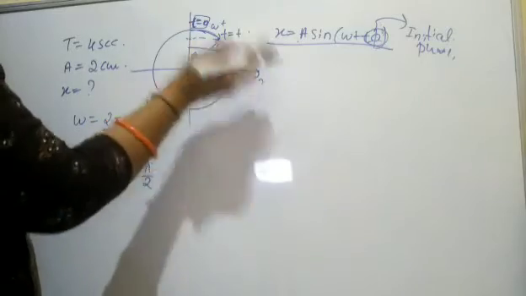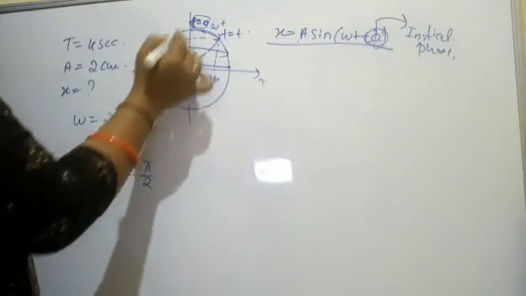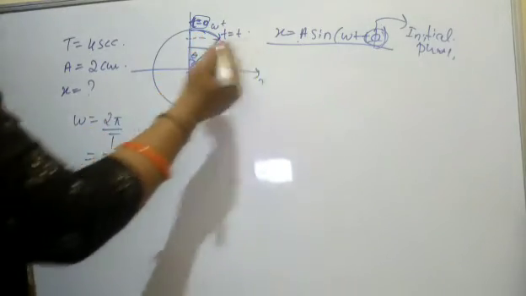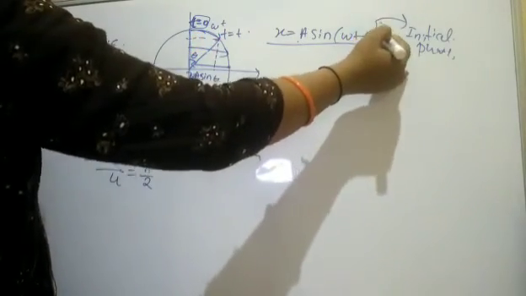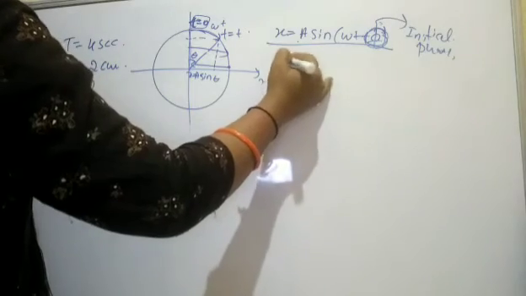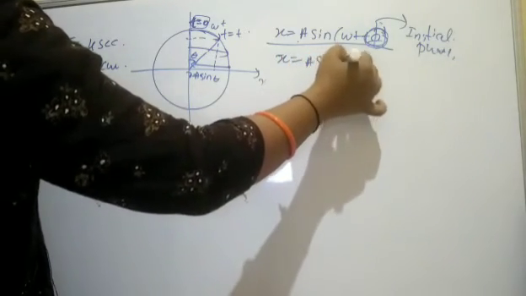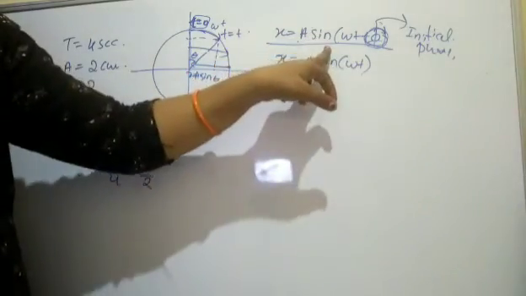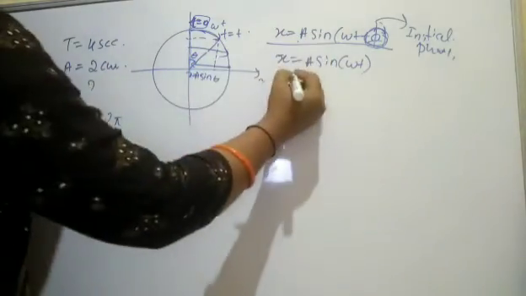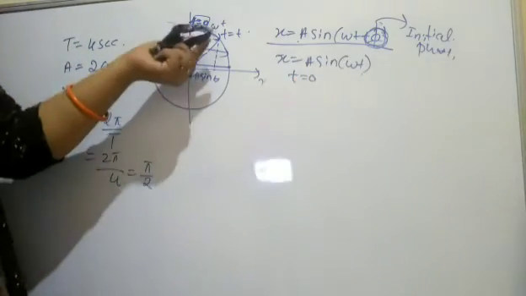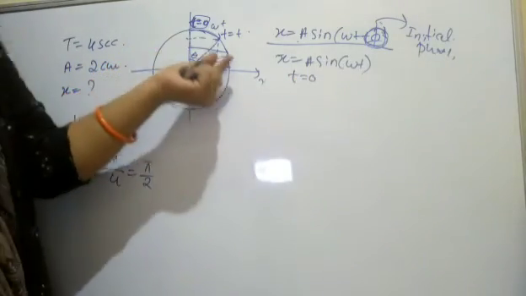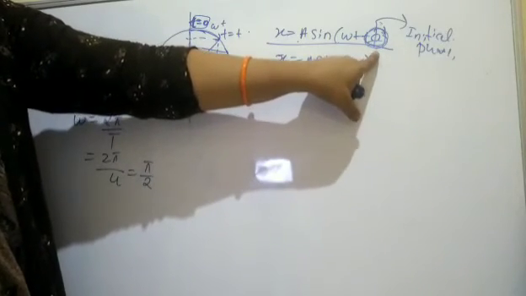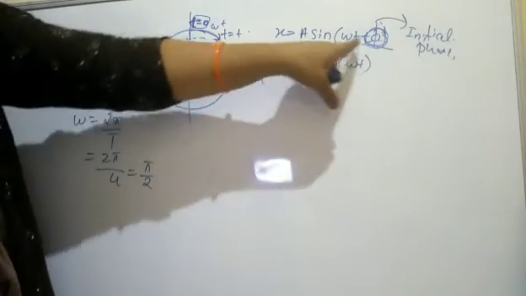It will not make any angle at t is equal to 0, because it is at this position, there is no other angle on it. So if t is equal to 0, then phi is equal to 0. So that's why you are getting x is equal to a sin omega t. When you play with the general equation also, at t is equal to 0, the particle does not sweep any angle here, which shows the phi.